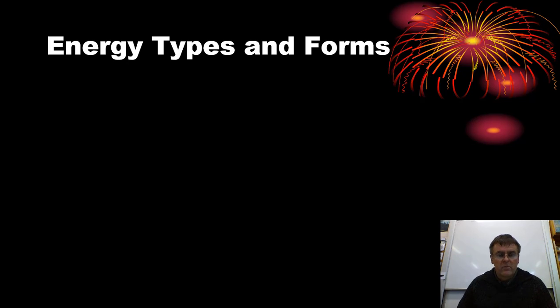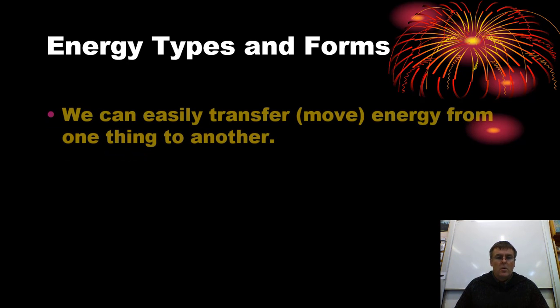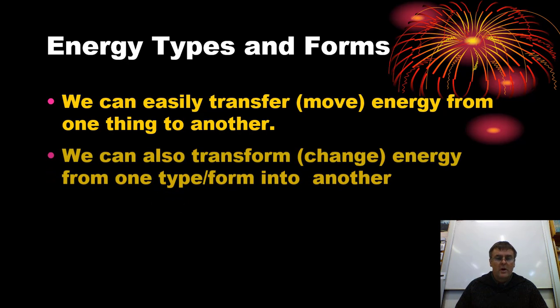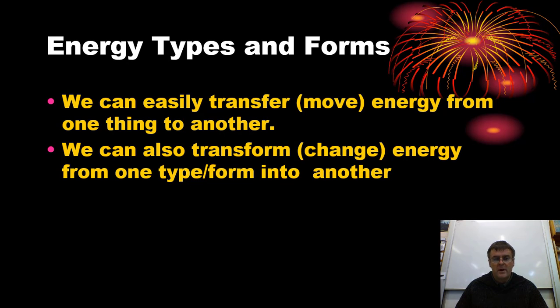So, types and forms, we've been through most of them now. We can easily transfer, move energy from one thing to another. That's easy. I hit the bat against the ball, the energy in my swinging of the bat gets transferred to the ball, and the ball then moves, as long as I can hit it. We can also change energy from one type to another.